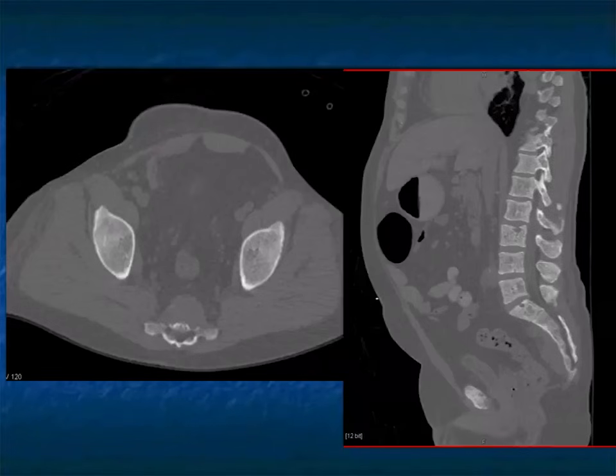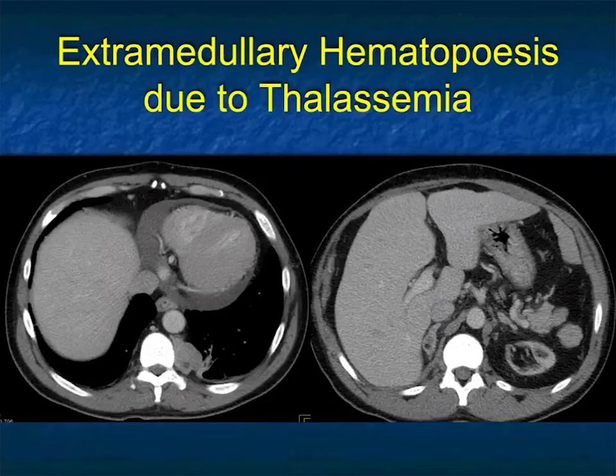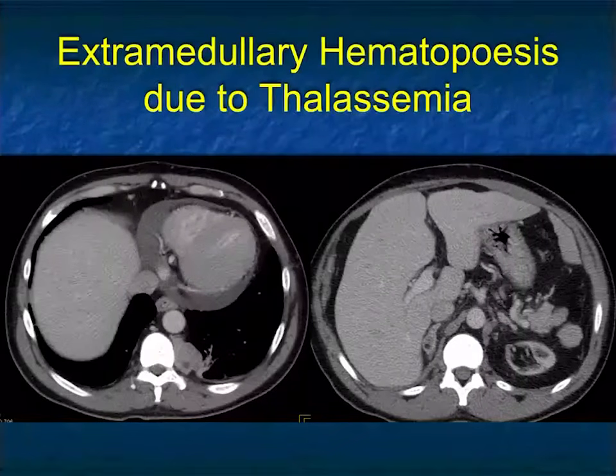Well, we're dealing with extramedullary hematopoiesis. This is a patient with bony changes, the mass in the lung. This was extramedullary hematopoiesis in a patient with thalassemia. The mass in the left lower lung was extramedullary hematopoiesis, as well as the more typical appearance in the presacral space.